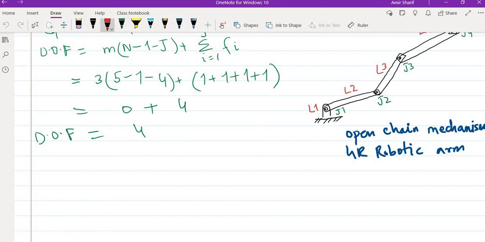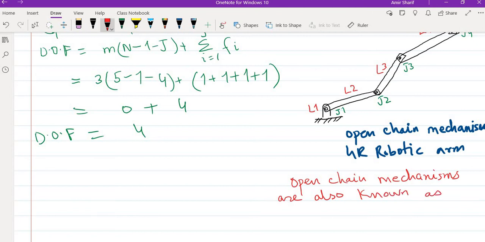We can write down here: open chain mechanisms are also known as serial mechanisms.